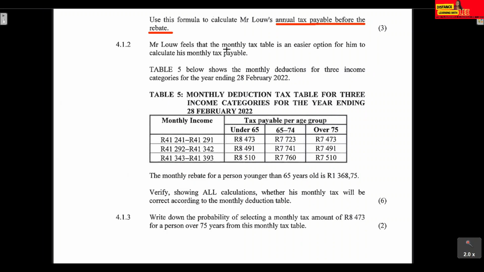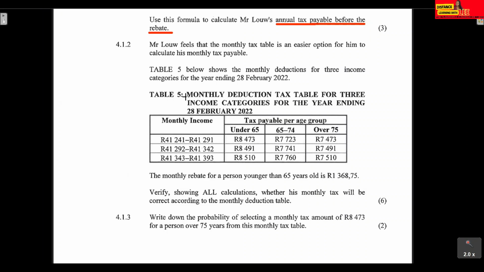Mr. Lowe feels that the monthly tax table is an easier option for him to calculate his monthly tax payable. Table 5 below shows the monthly deductions for 3 income categories for the year ending 28 February 2022.